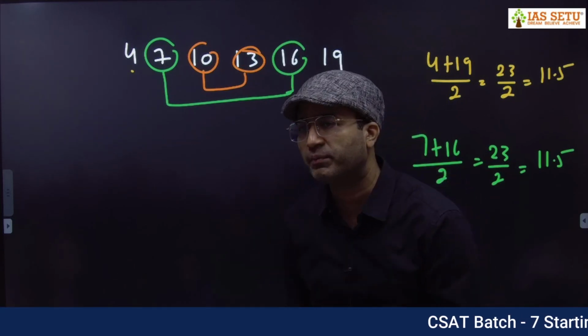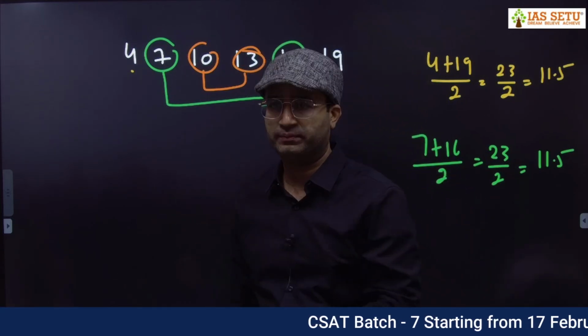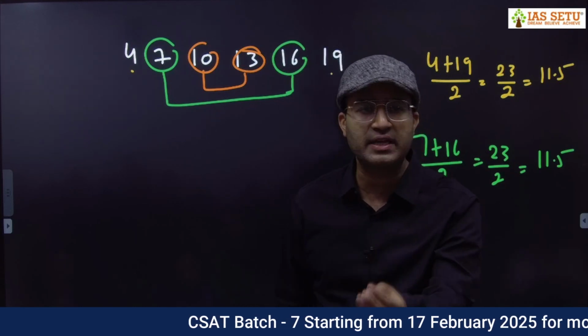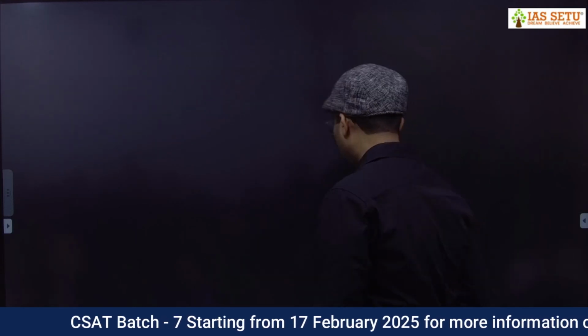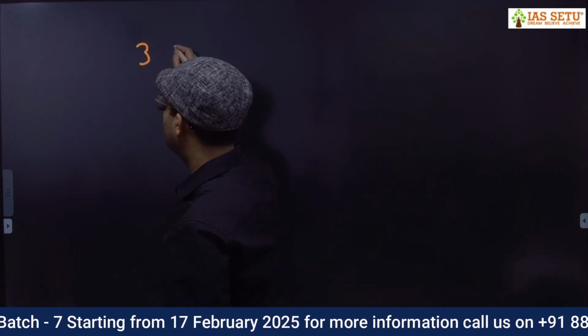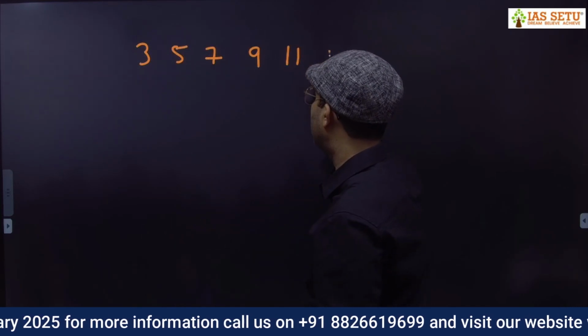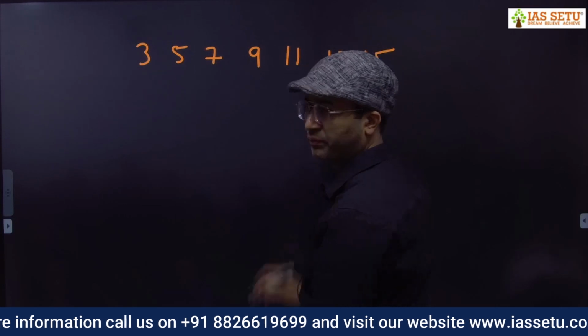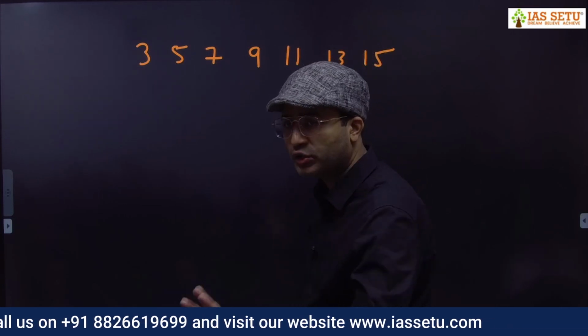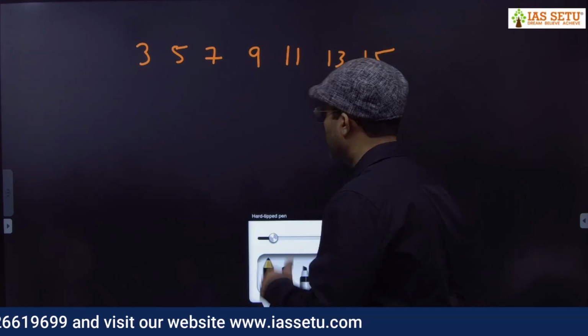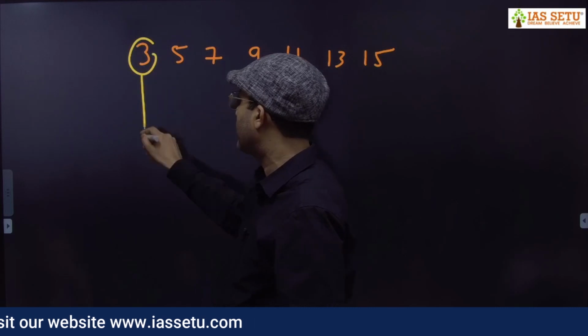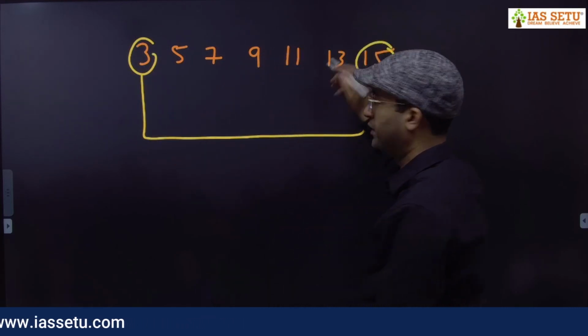Second type of AP is where the number of terms is odd. That AP has 5 terms, 7 terms or 9 terms. Like, I take one example: 3, 5, 7, 9, 11, 13, 15. So here also we have a coupling concept. This 3 makes a corresponding couple with 15.